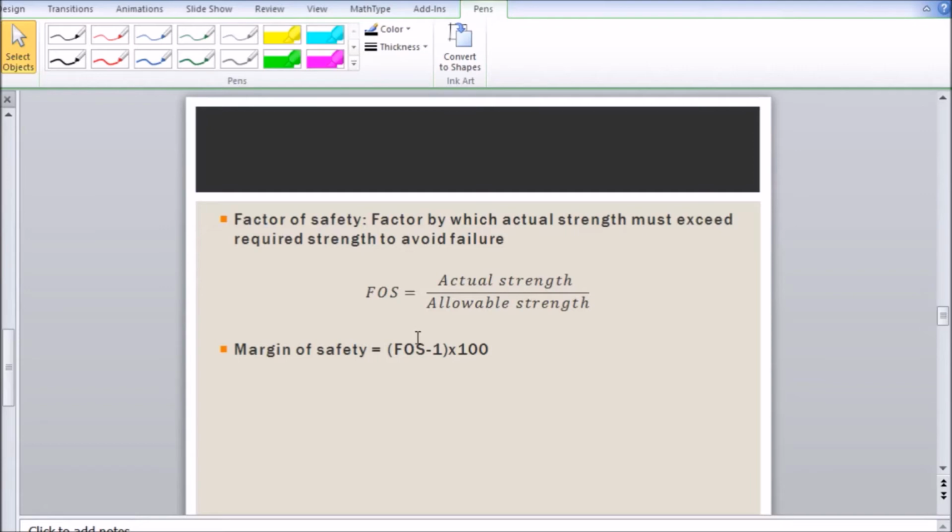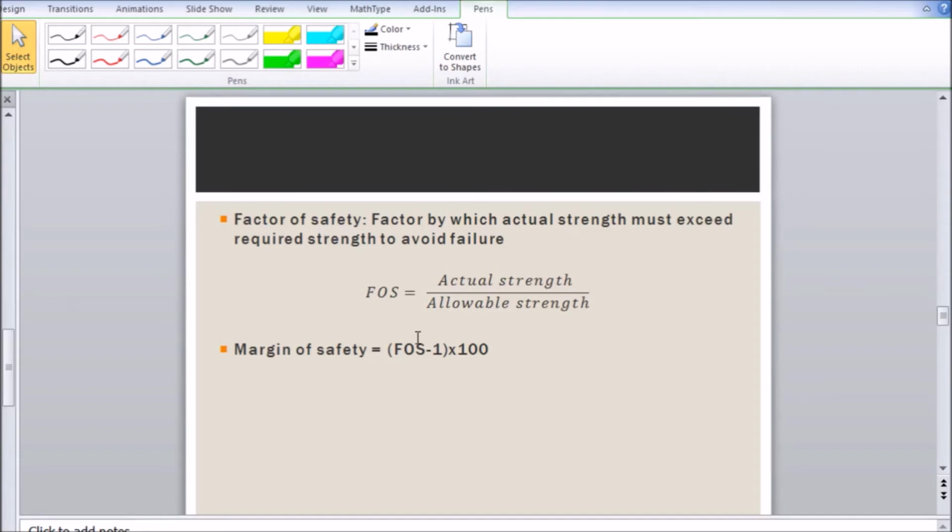So to avoid any unnecessary incidences, we need to take some factor of safety, so that even if we are deviating from the idealness or our assumed values, in reality there should not be any catastrophe or failure. So to avoid that, we take the factor of safety into consideration.